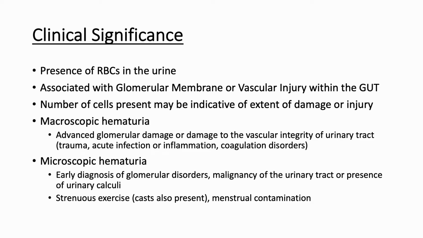Now, grossly, macroscopic hematuria can appear as a cloudy urine with red to brown discoloration. Macroscopic hematuria can be associated with an early diagnosis of glomerular disorders or even a malignancy of the urinary tract or presence of urinary calculi.